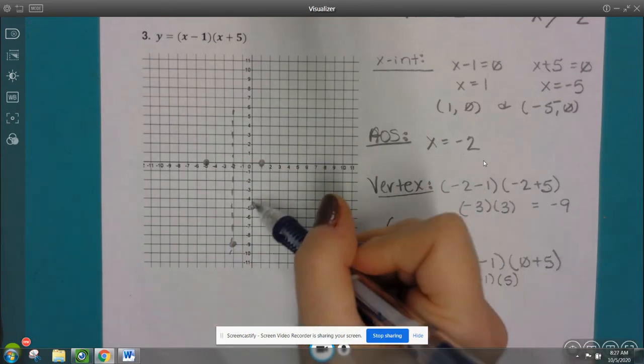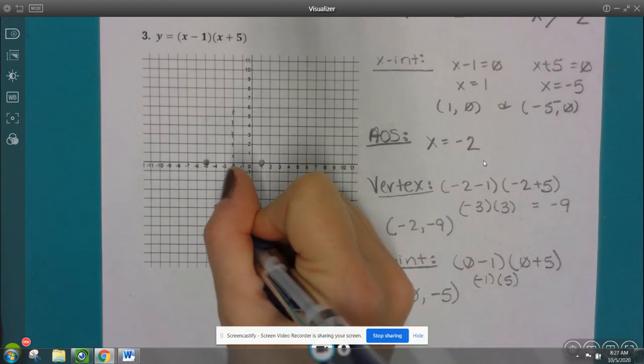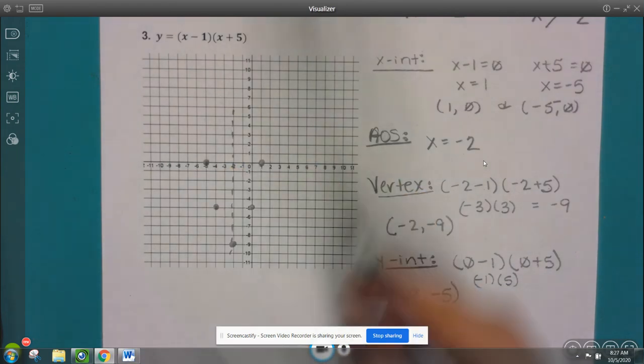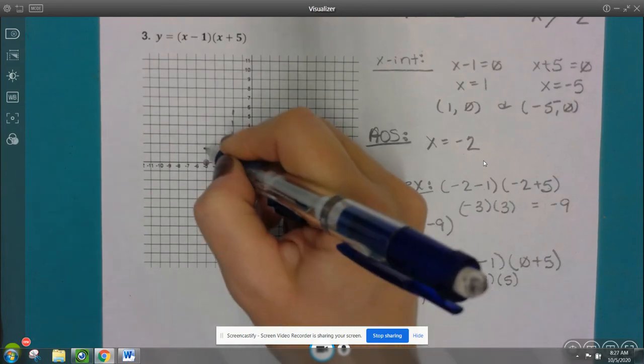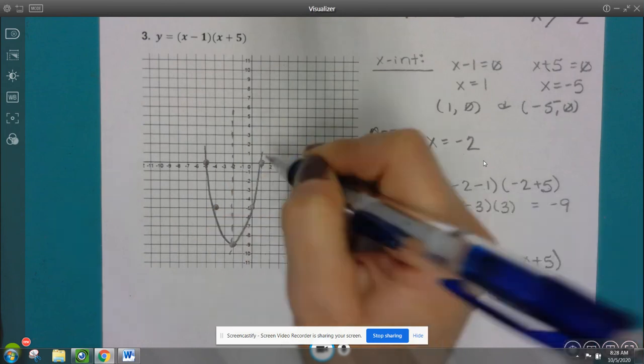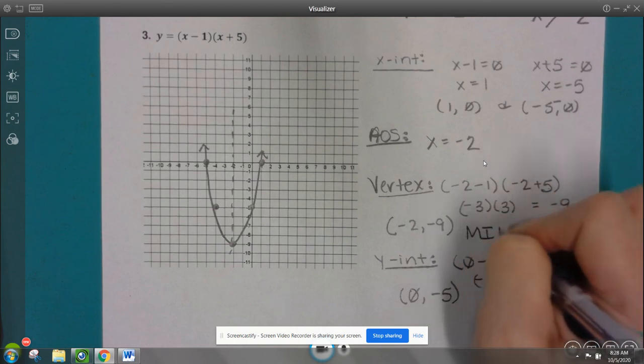If you want to be more precise and more accurate, you can reflect that over that way. And now I'm going to do my best to actually make this look parabola-ish.